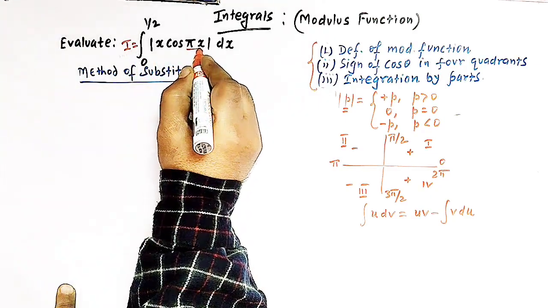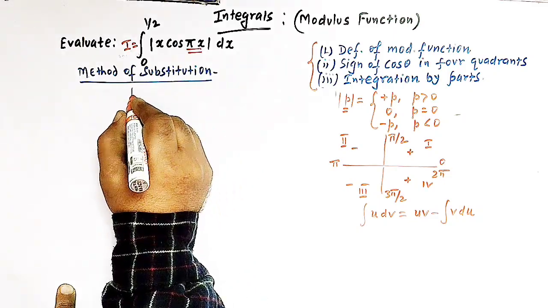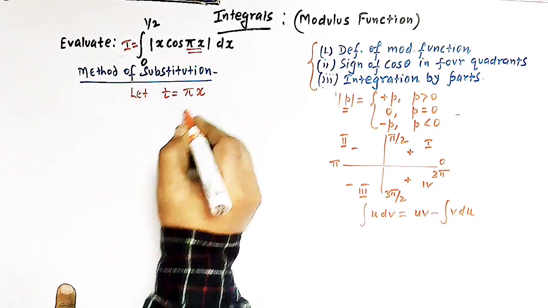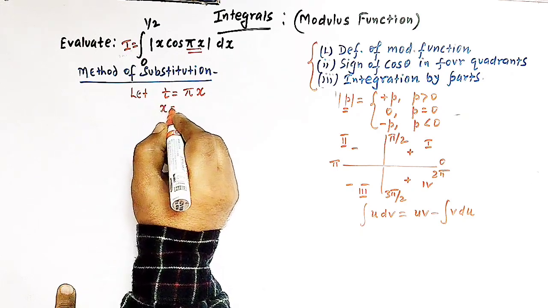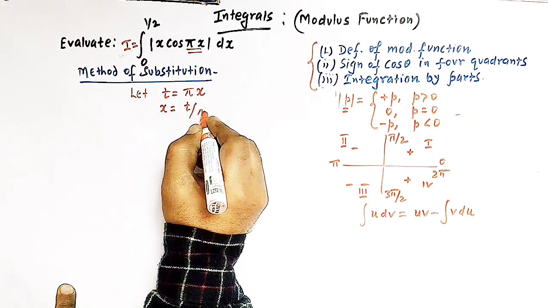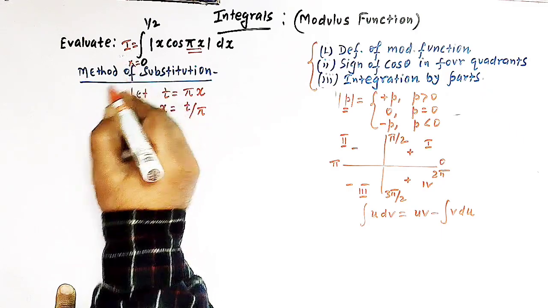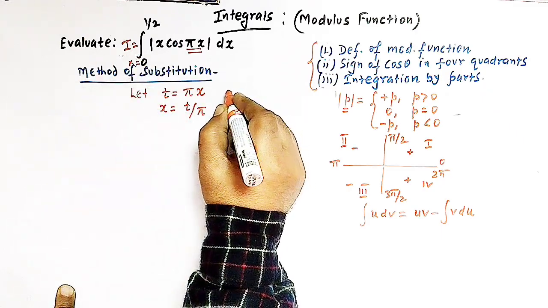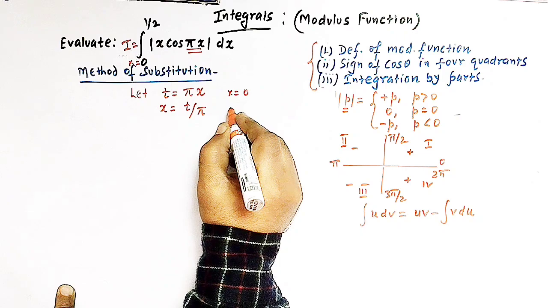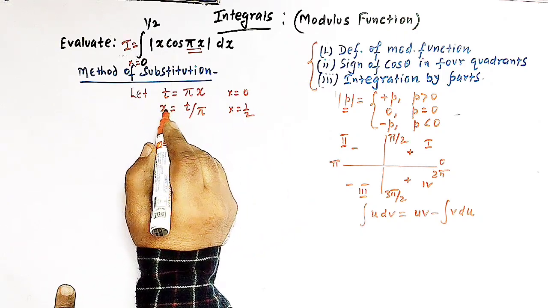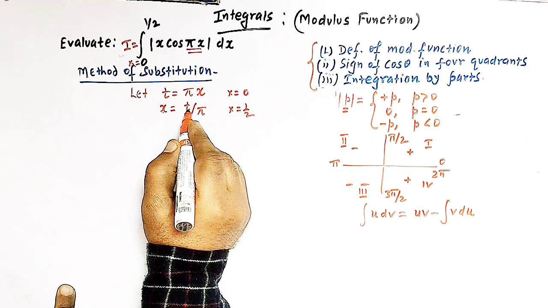So here we have cos pi x. So let us first take t is equal to pi x, right? So that x is equal to t over pi, right? And here we can see that the value of x varies from 0 to half, right? Okay, now let us differentiate x with respect to t.